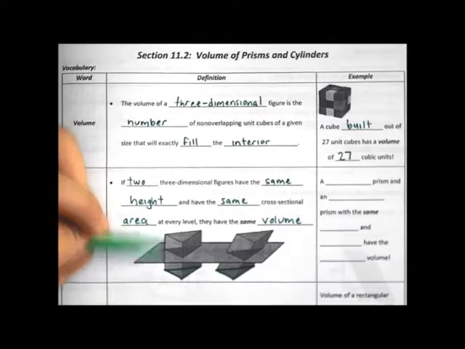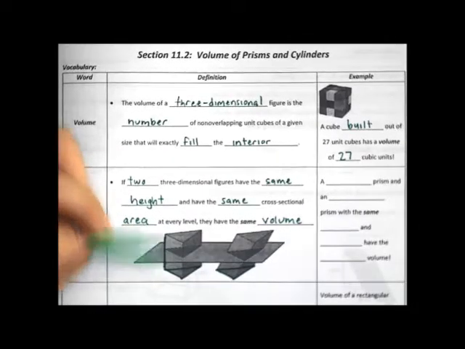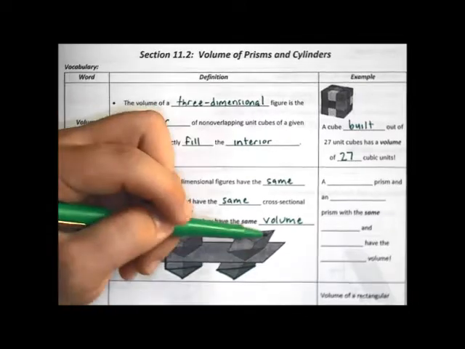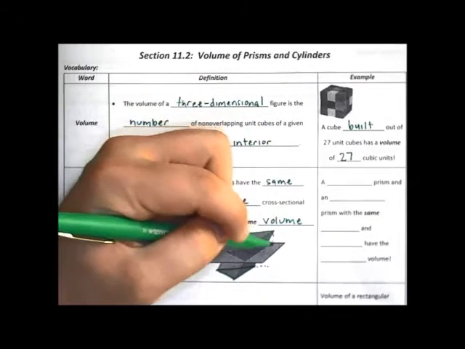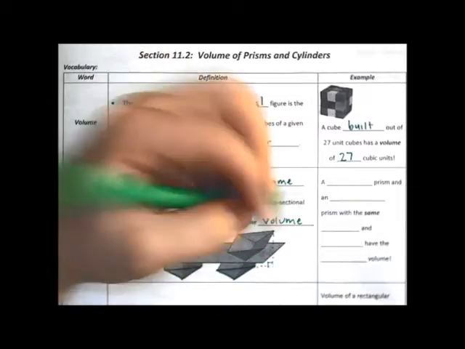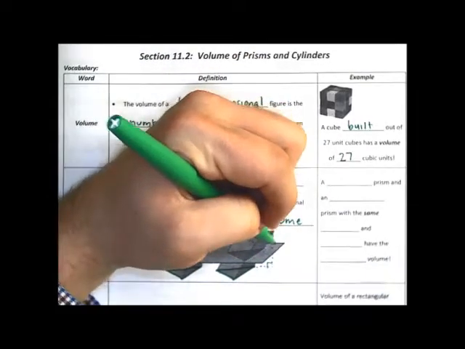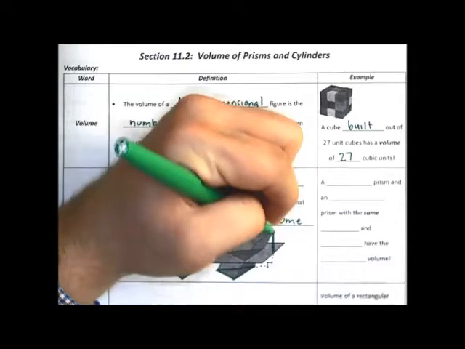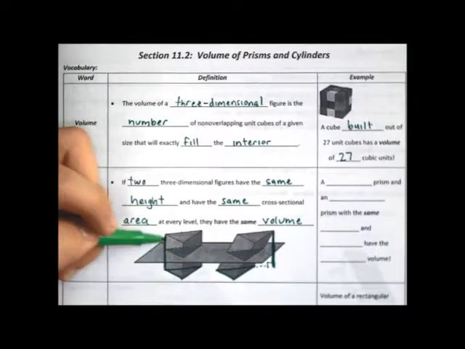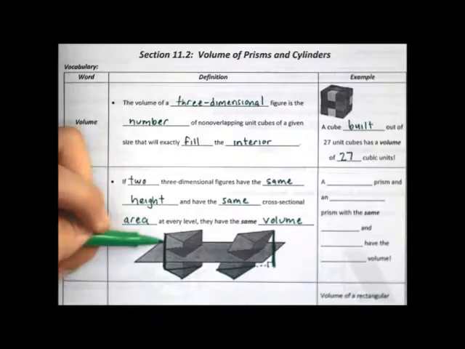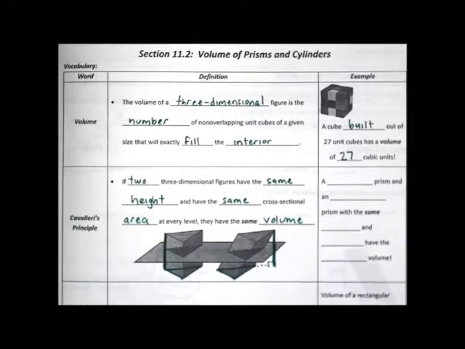This height right here is an actual edge. Now in this one, you have to do a little bit of work. You might have to dot a line. But what do we notice? This length right here is the exact same as this length right here. They both have the same height.